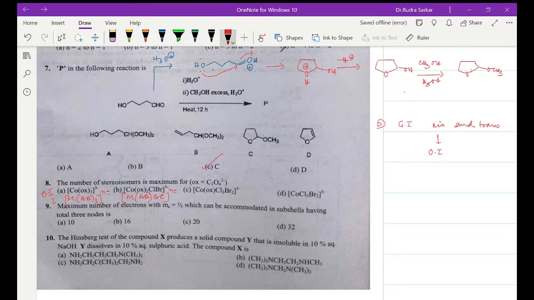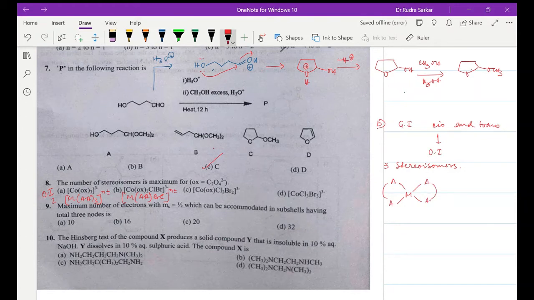So in total we will say there are 3 stereoisomers, okay. If you want to check what these are, then I'm just giving the general notation, okay. So we have, say, the MAA, okay.